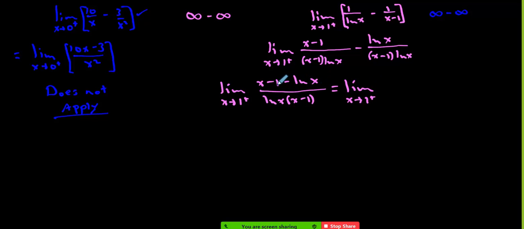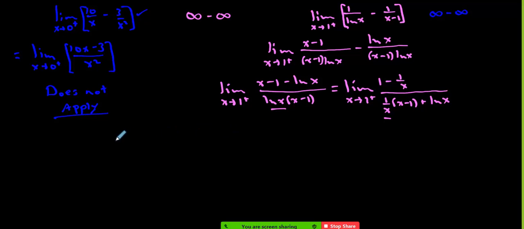The derivative is going to be 1 minus 1 over x. And the bottom is going to be 1 over x times x minus 1, plus log x. I took the derivative of the first times the second plus the derivative of the second. The derivative of the second is just 1.